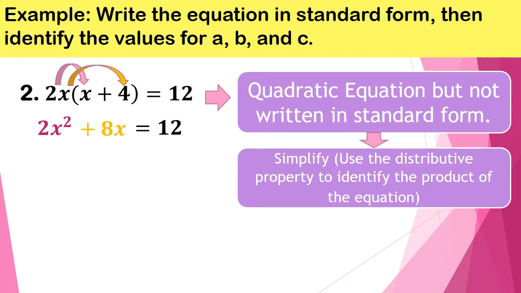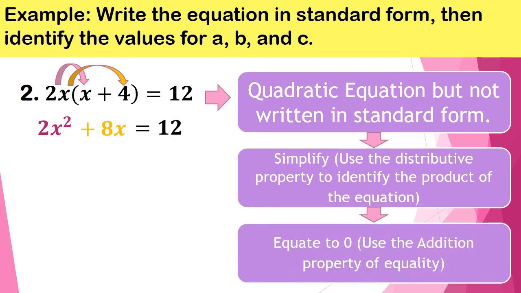So after we expand the given equation, or after we simplify the given equation, we need to arrange this into a standard form. How? By equating into 0. Okay, so we need to equate the given equation here into 0.